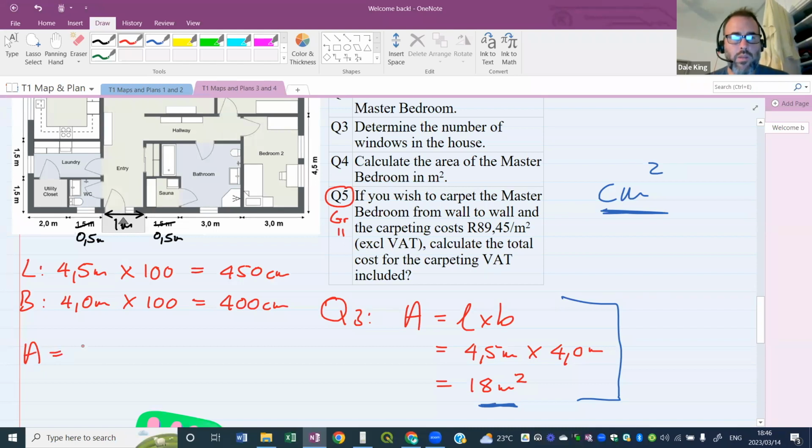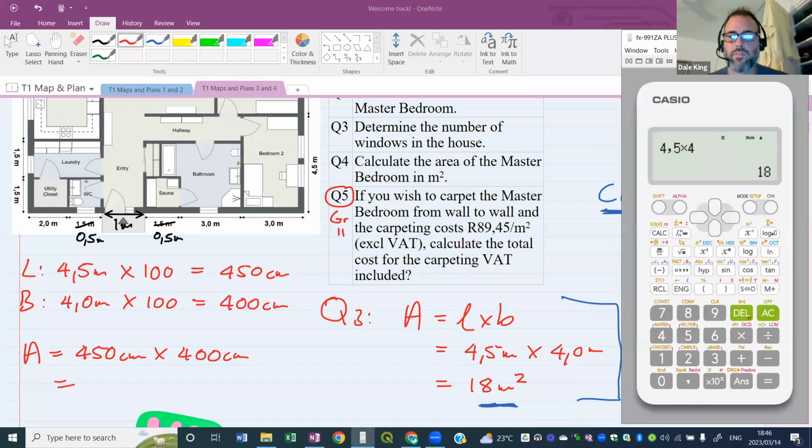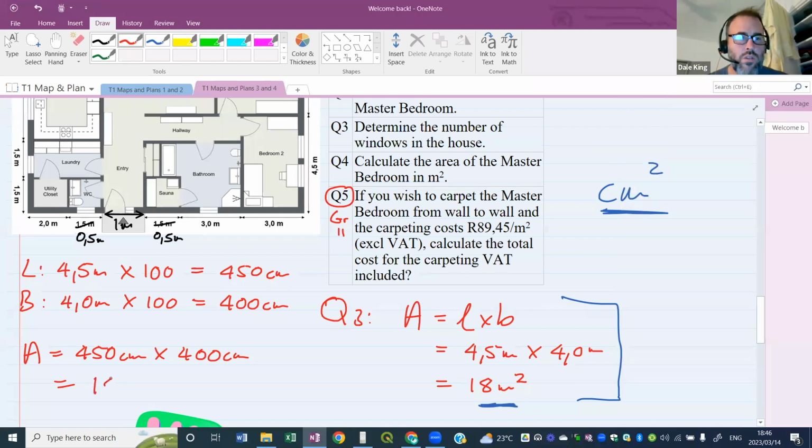The area will then be 450 times 400, and we put that on the calculator. So 450 times 400 centimeters equals 180,000. It's huge.